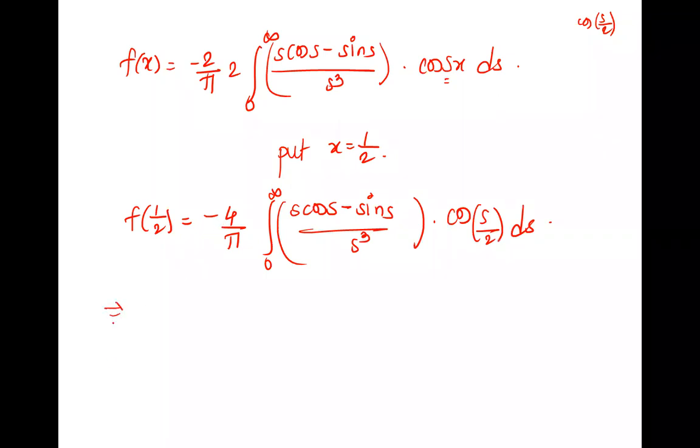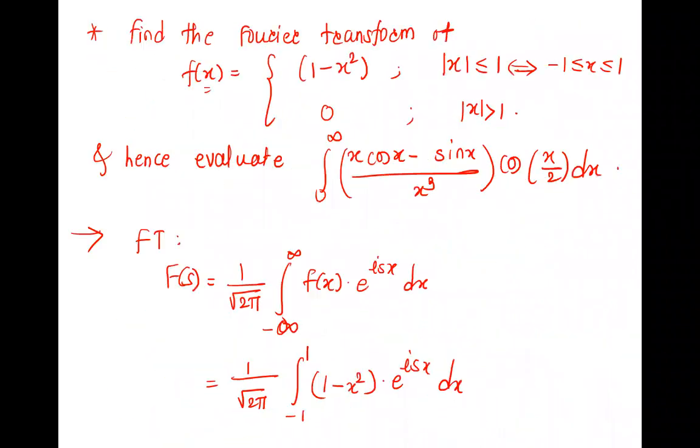But before that, what is f of half? We need f of half. This is the function f of x. Where will x equal to 1 half be, in this or this? It lies between minus 1 to 1. So x is half is here, and the corresponding function is this.